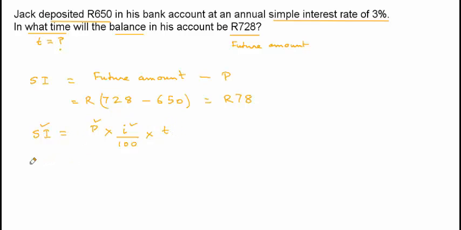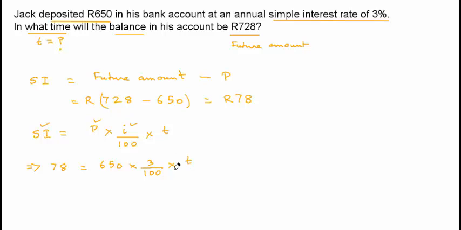Let's go. So we have 78, the simple interest, is equal to the initial deposit, 650, times the rate of interest is 3%. Let me put it as 3 over 100 multiplied with t.